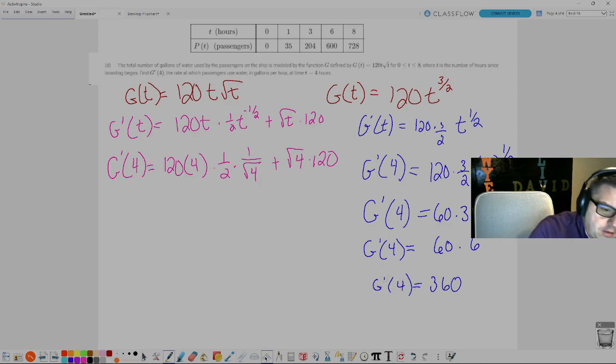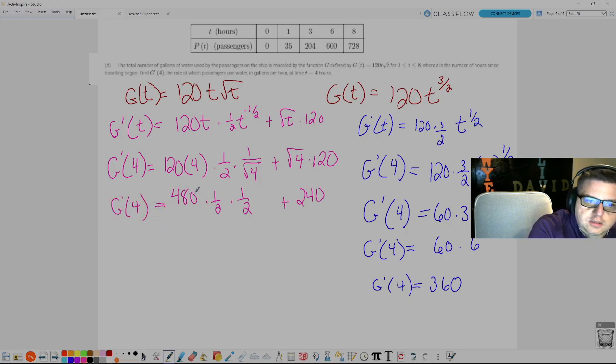Now, I don't know, but I'm hoping 2 times 120 is 240. This is what, 480? Cut in half, and then cut in half again. So let's see if that works. So that's 240 times another half, plus a 240.